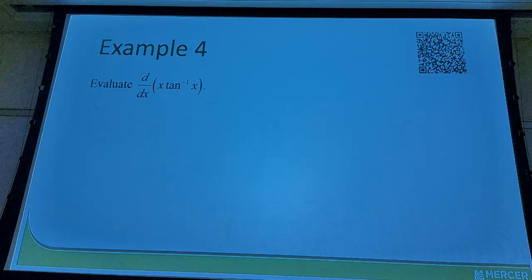Oh, what kind of function is that? Right, derivative of x is just 1. What is the derivative of inverse tangent x?